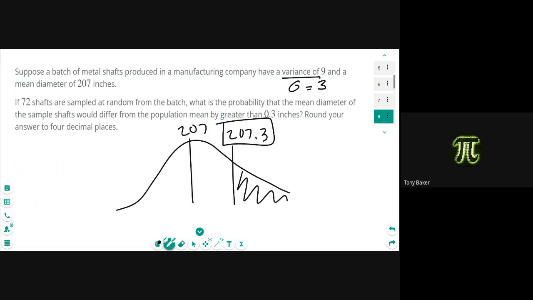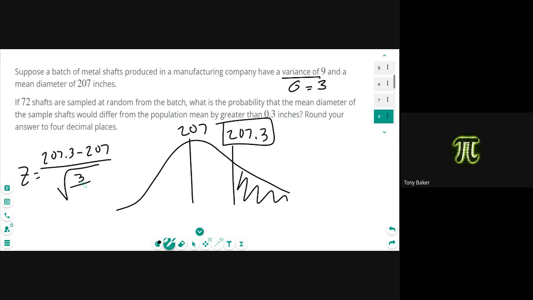So we would subtract them. No, remember, I have to do my Z-score formula for it. But remember, this one's slightly different because I'm doing a sample mean. So it's going to be 207.3 minus the 207 divided by 3.